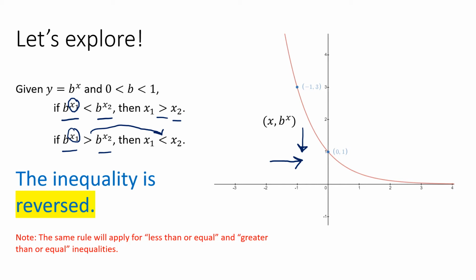Again, keep in mind, when the base is less than 1 but bigger than 0, the inequality sign should be reversed. To make sense of what we are talking about, let us take a look at some examples.